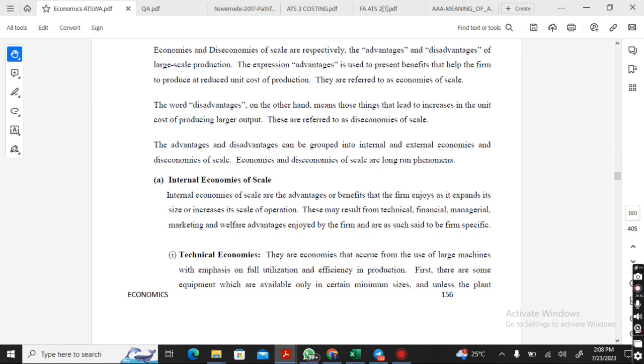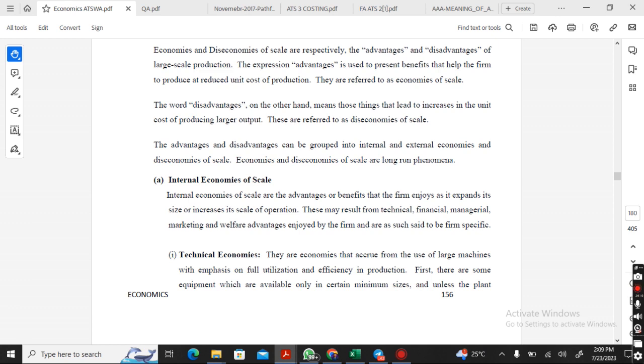It may be the technical aspect of it, maybe using capital intensive methods. We have to expand our technical know-how, so let's come to online sales, everything like that. So this may result from technical, financial, managerial, marketing or welfare advantages enjoyed by the firm.